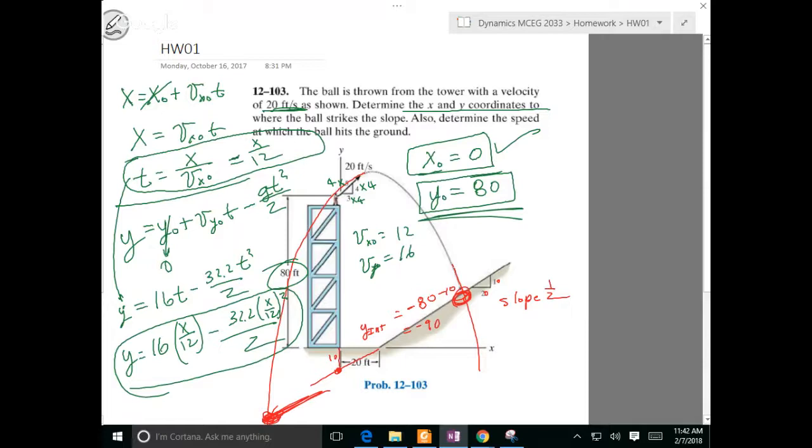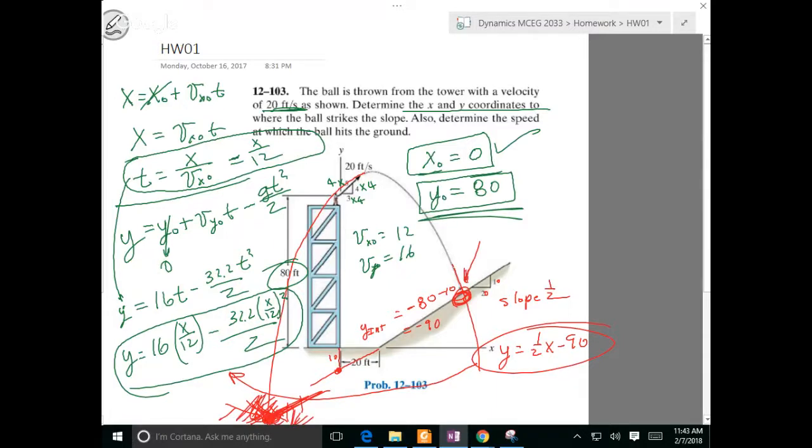So then y is just equal to slope x minus 90. Then you equate this one to that one, you'll get 2 points. You'll get this one, then you'll get that one. You don't want to take this one. This one's the wrong one. So don't do that one.